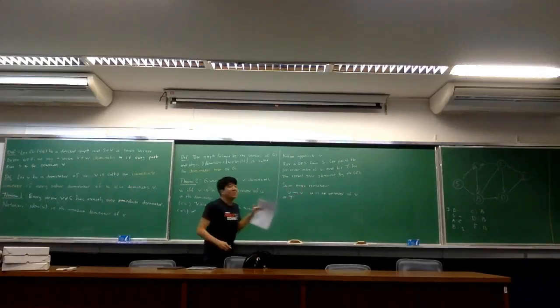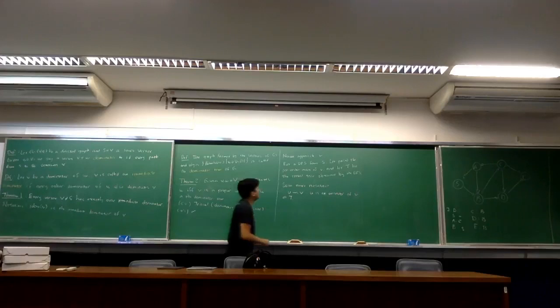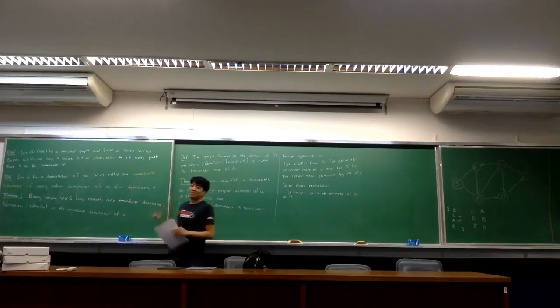When I was studying this, I got confused and things were not making much sense. From now on, I'm just going to talk about the DFS tree. Forget about the dominator tree for now.